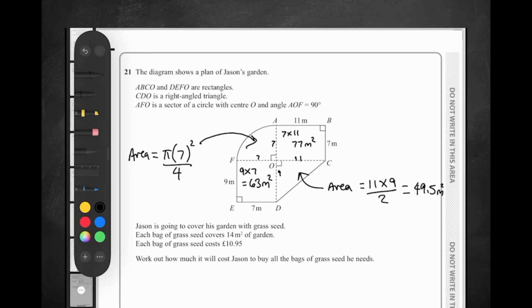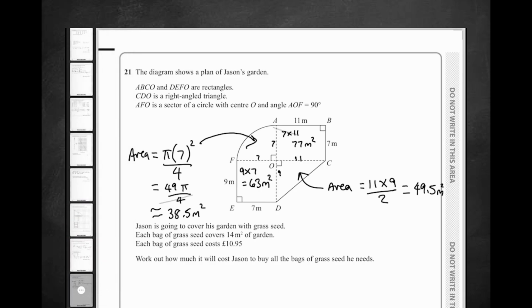So 7 squared, which is going to be 49 pi over 4, which is approximately 38.5 meters squared. So let's put all these together.